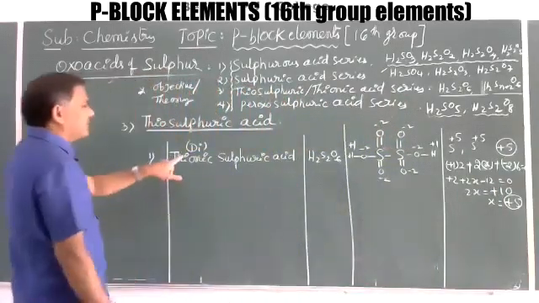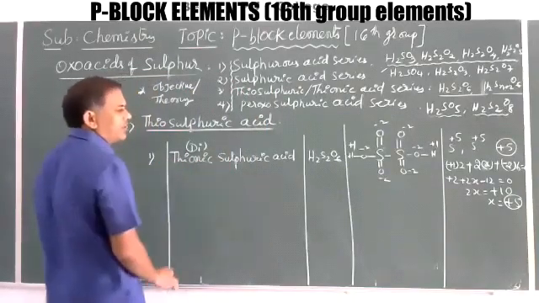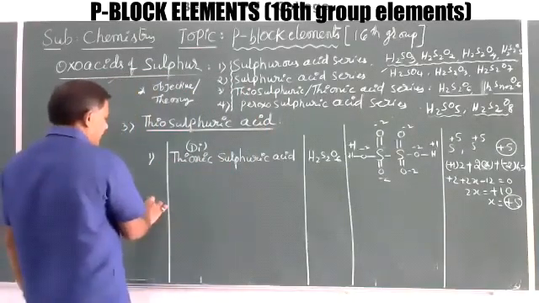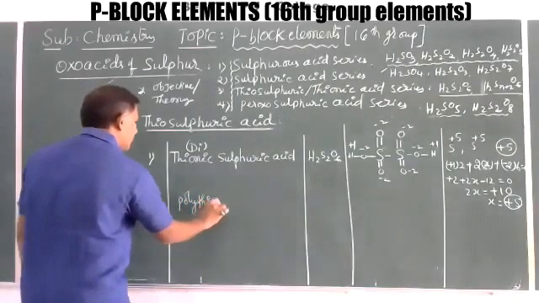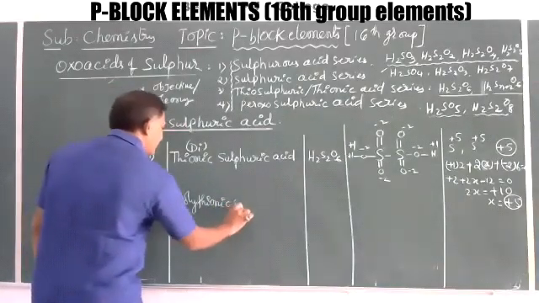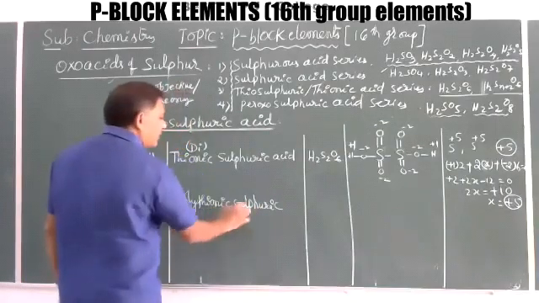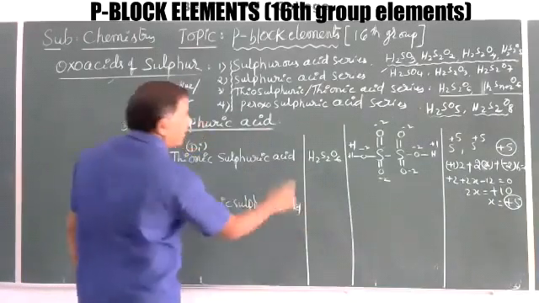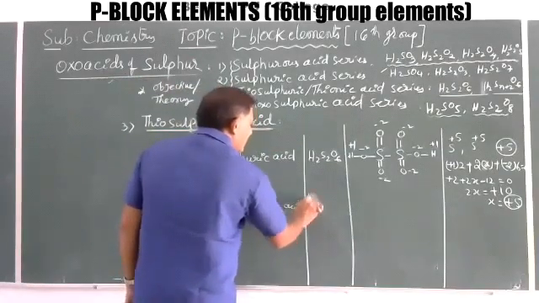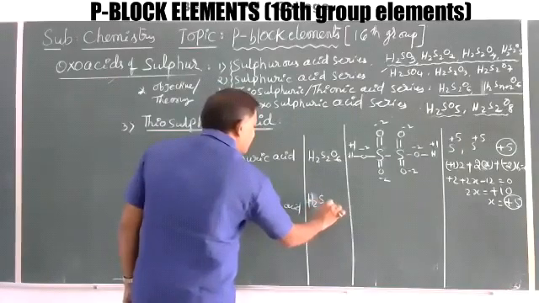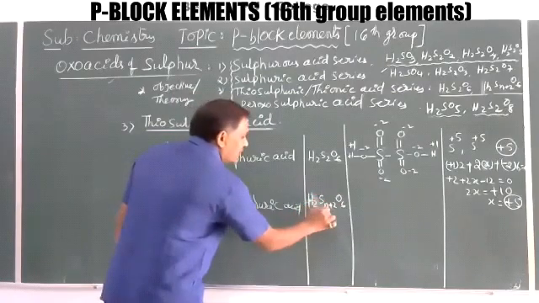So that is disulfuric acid or dithionic acid, as we can also call it. Then the second one is polythionic acid, and this polythionic sulfuric acid has the formula H2SN+2O6.